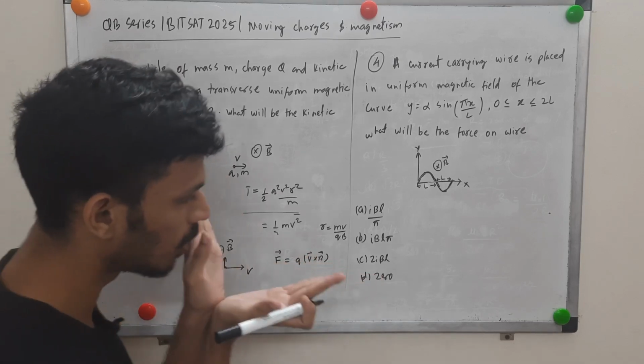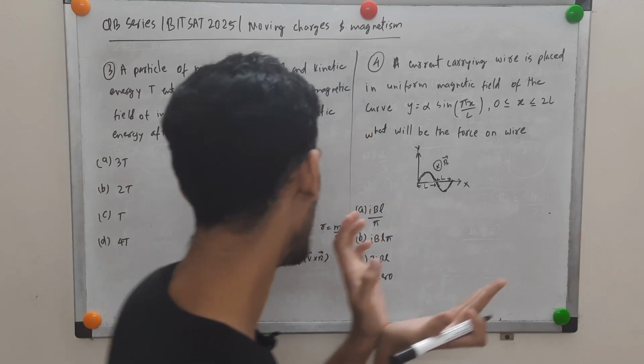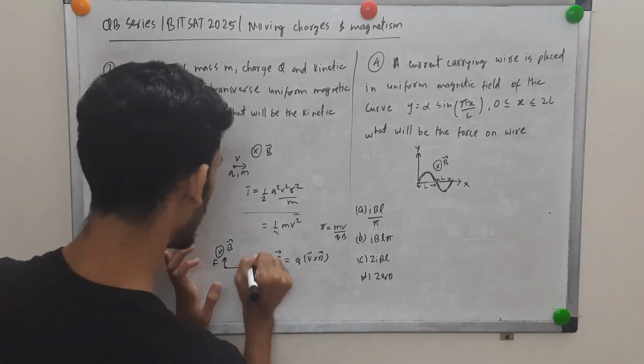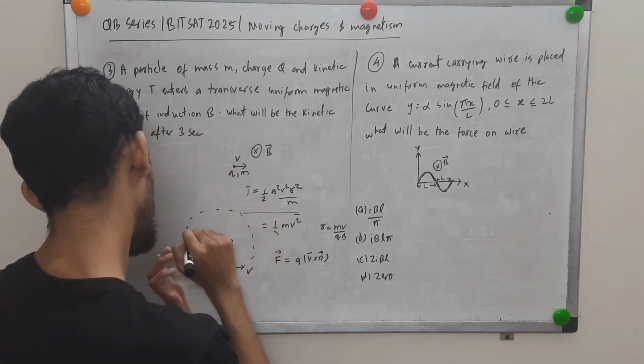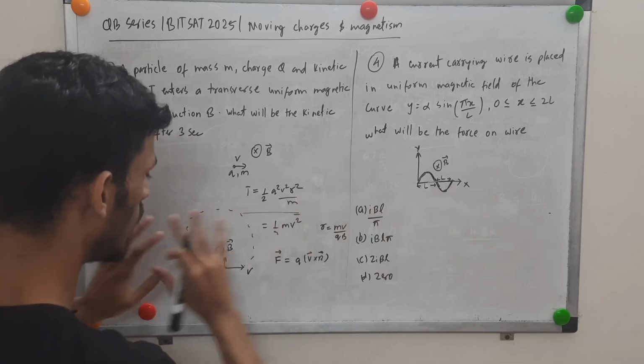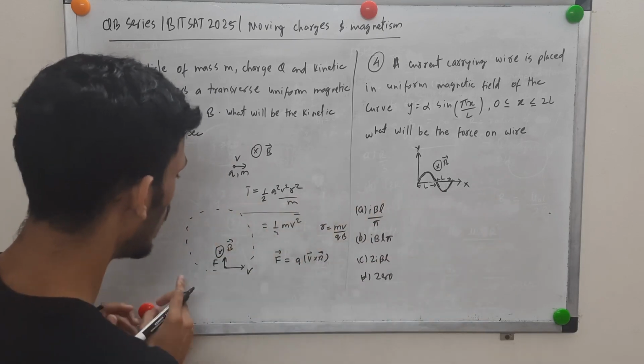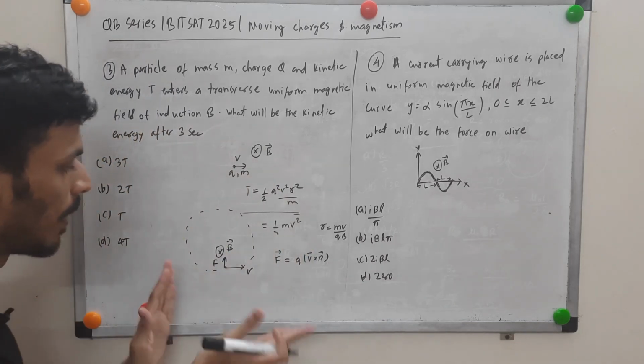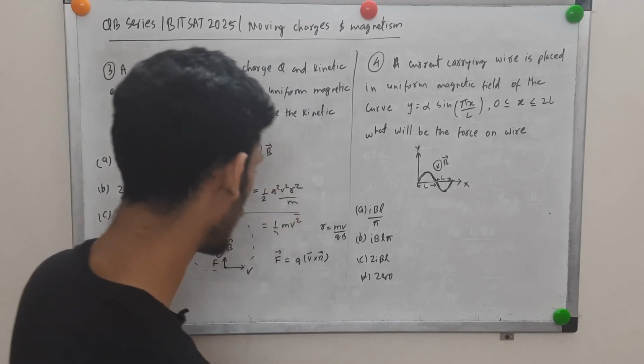If you see, velocity and force are perpendicular, so there is no work done. What will be the path of this charged particle? If there is a uniform magnetic field over here, the path will be something like this, a circular path, since it is perpendicular to the magnetic field, simple case.